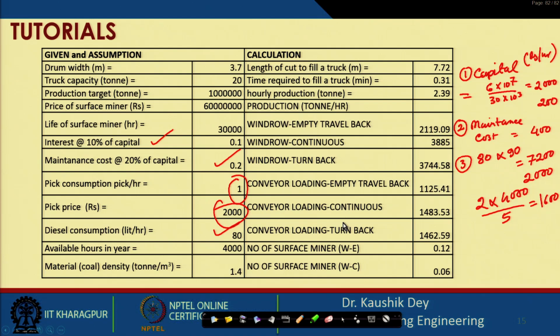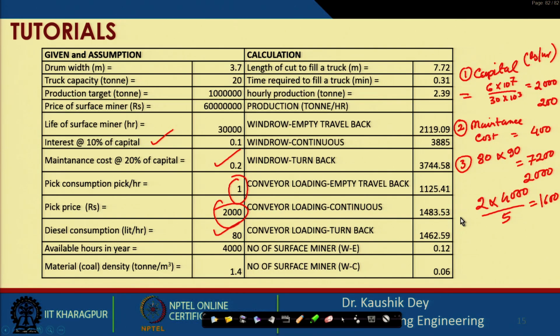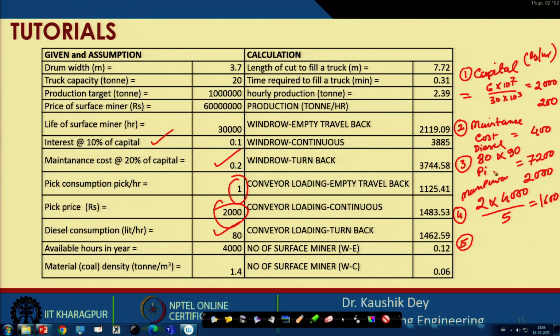So this is the manpower cost. This is manpower, this is diesel, and our fifth component is peak consumption, which is considered here.